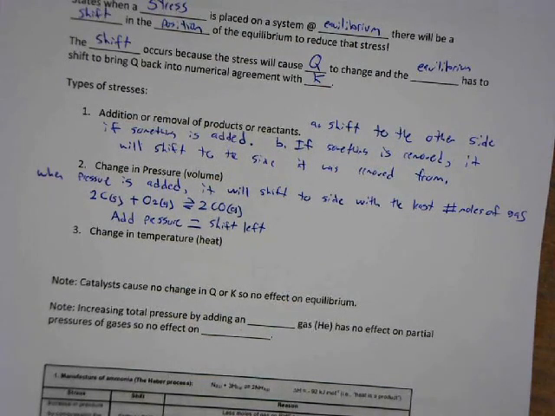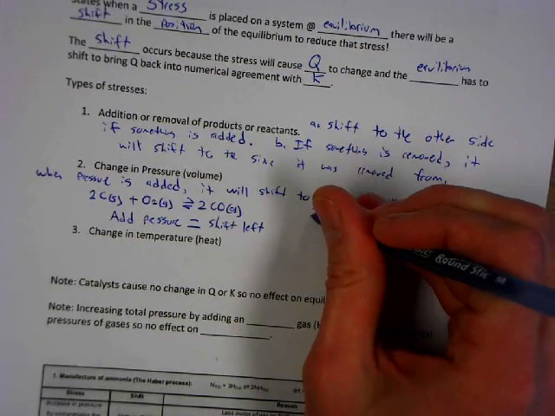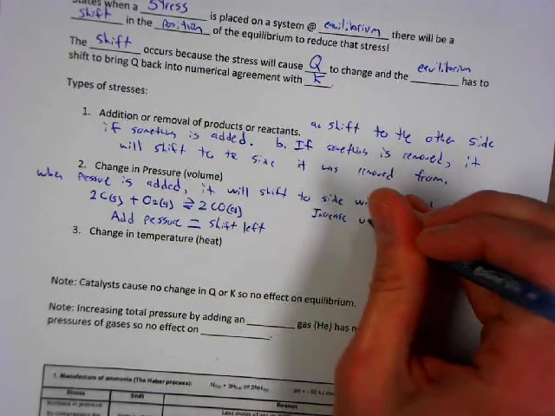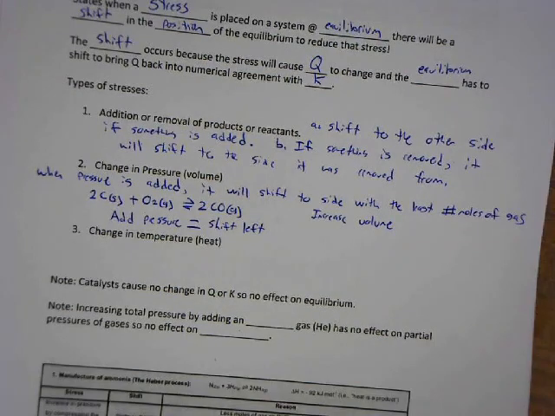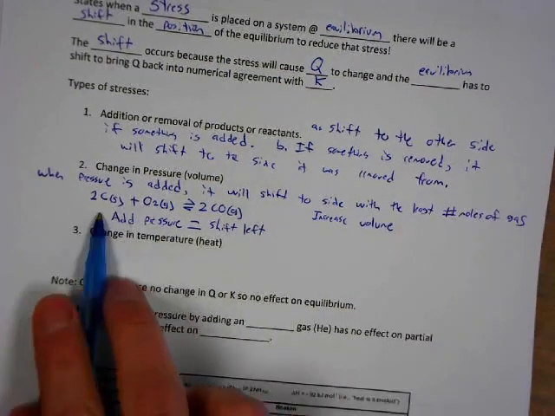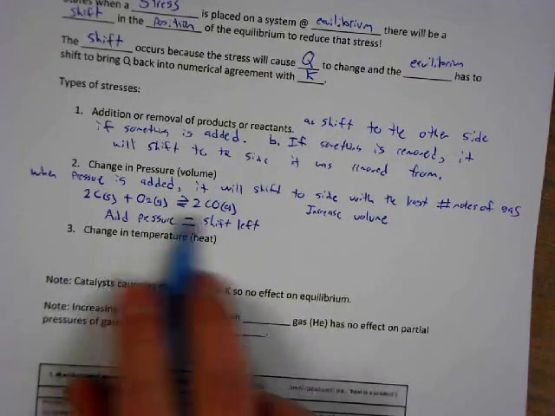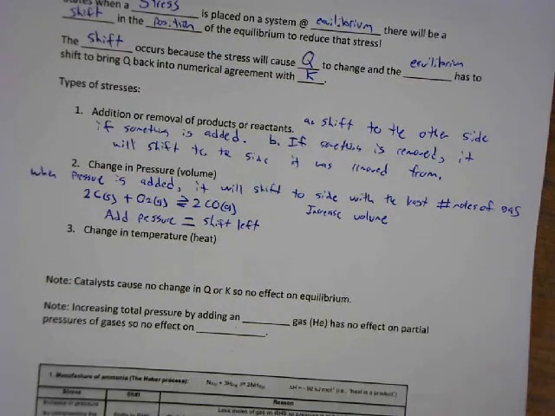Left. Yeah, it shifts left, because that's the side with the least moles of gas, which reduces the overall pressure. It's just diffusion, right? Pressure wants to diffuse to the lowest part. Because if more of that reaction proceeds, there's going to be more pressure.